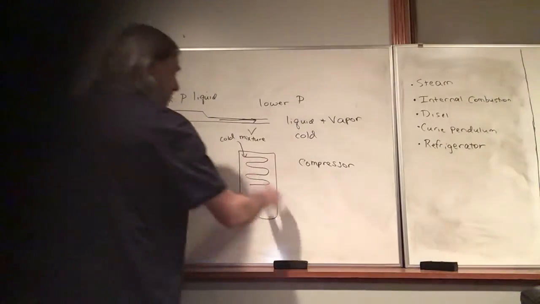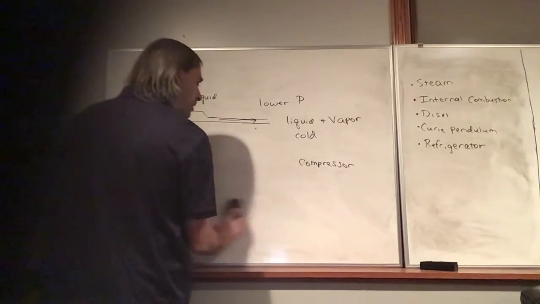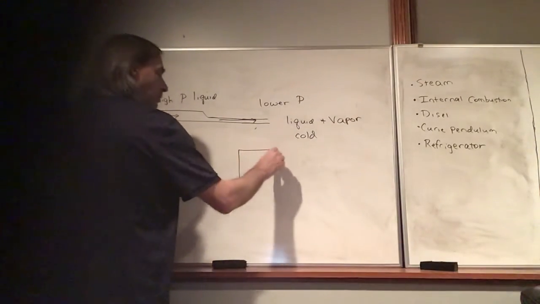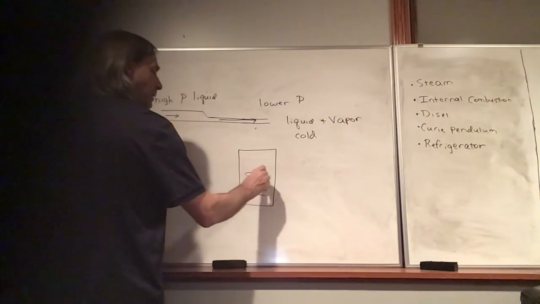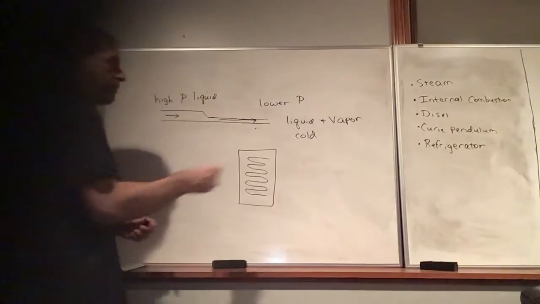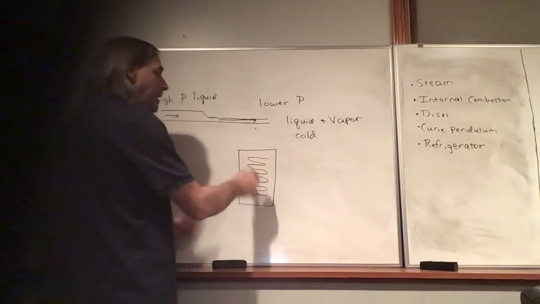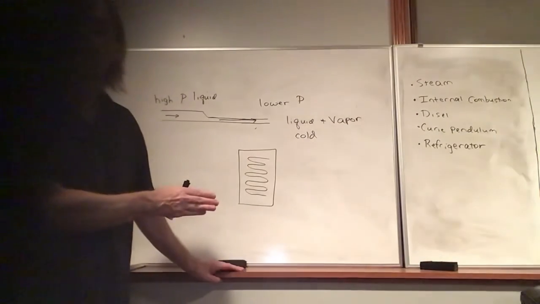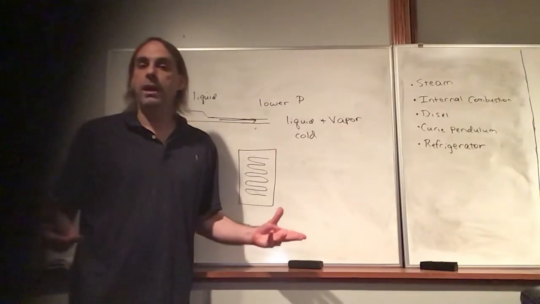If you look on the back of the refrigerator, we've got again this coil, and it makes the fluid go through this meandering process where it goes back and forth. This is outside the refrigerator, so it's exposed to the room.